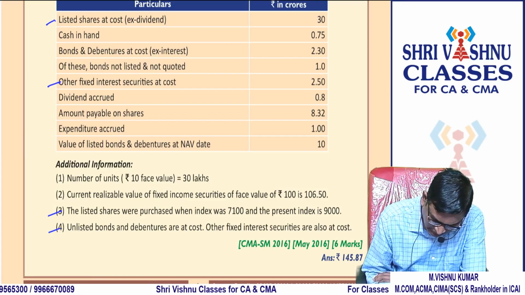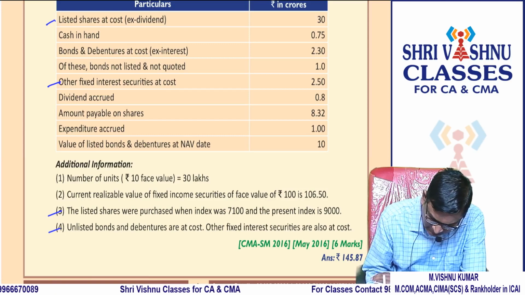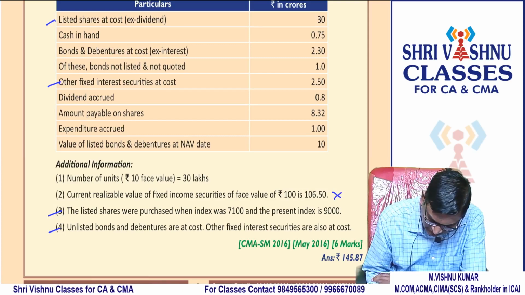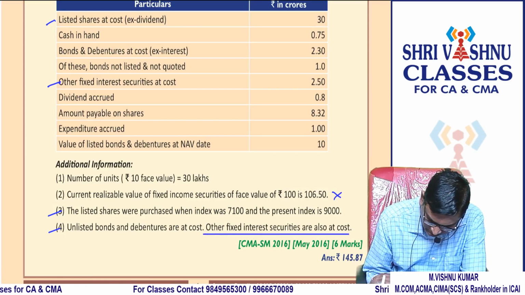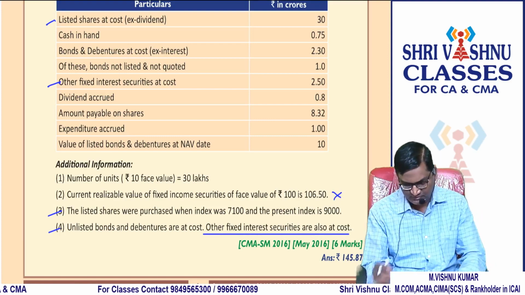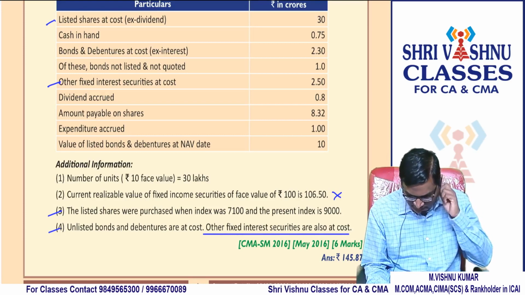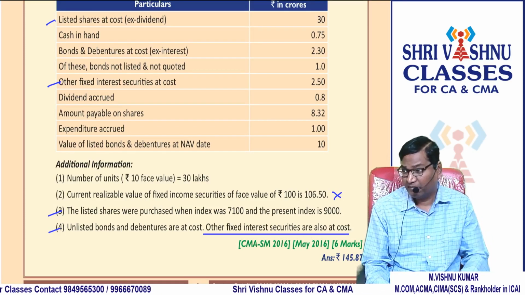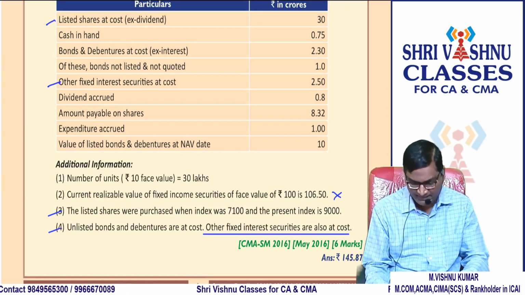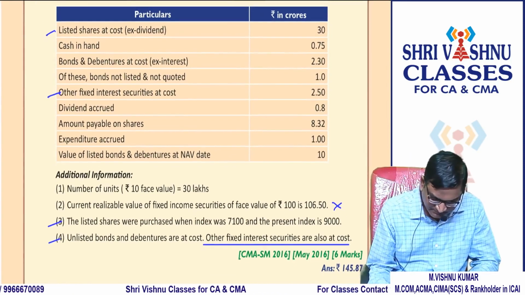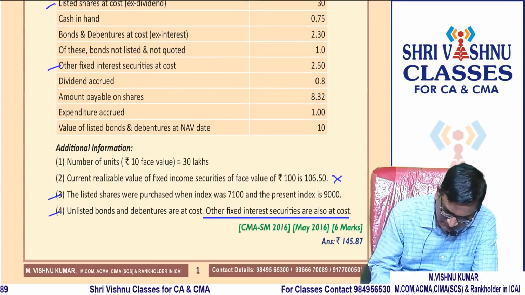So the current realizable value of fixed income securities is not required actually, because they already mentioned other fixed interest securities are also at cost. Clear? Again a simple question, very easy question.